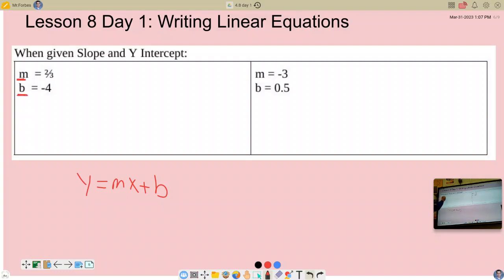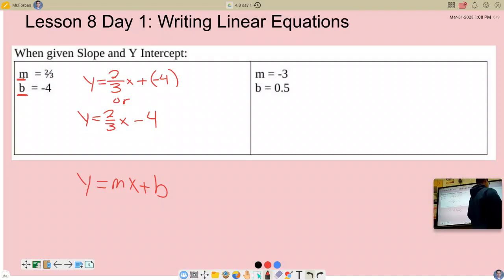So if I have the slope 2/3 and the y-intercept negative 4, my equation would be y equals 2/3 x plus negative 4. Now you could also write that as y equals 2/3 x minus 4. It's the same thing. All right. So that's your y and x should still be there. It's just you're plugging in numbers for m and b.